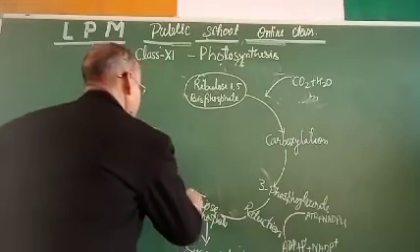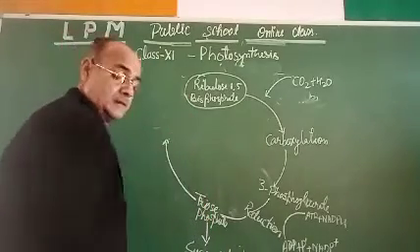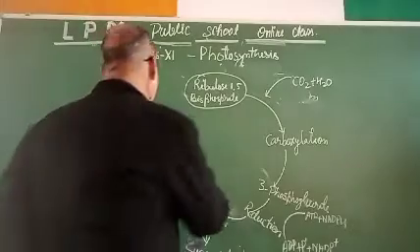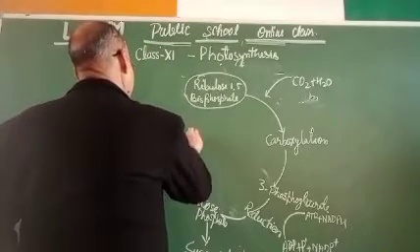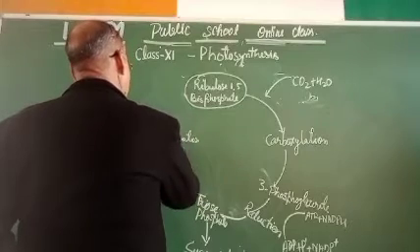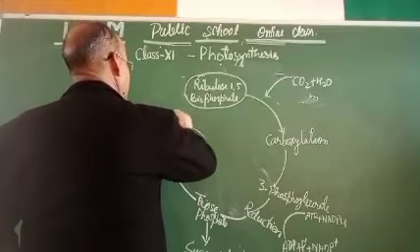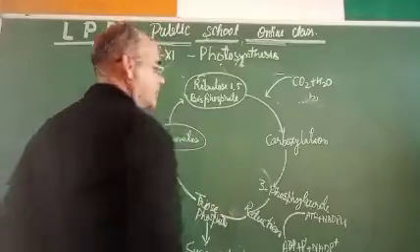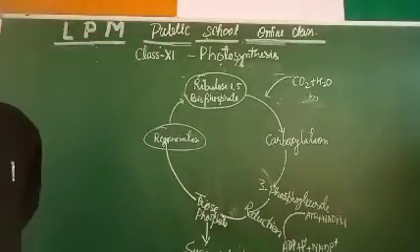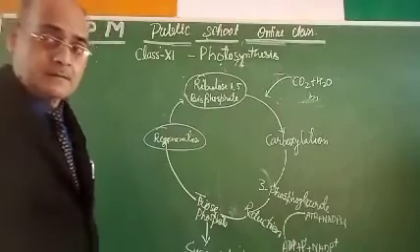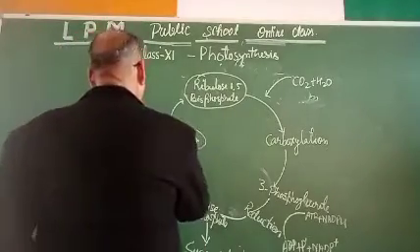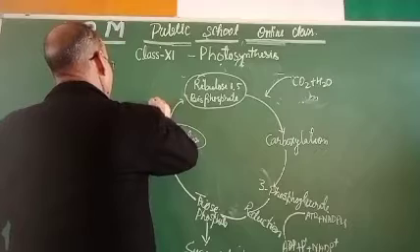And further, the next process, that is the regeneration, leads to the regeneration of this molecule. This is the intermediate compound, and ATP, further breakdown of the ATP. How does it regenerate?